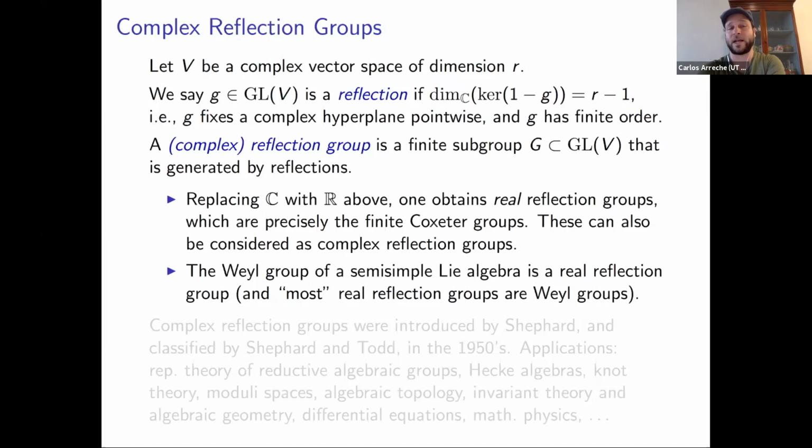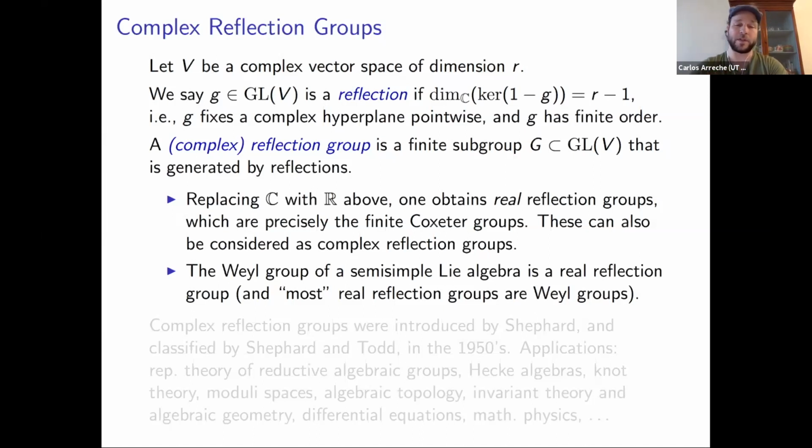And it's known that these happen to be exactly the finite Coxeter groups. And if I give you any one of these finite Coxeter groups, I can think of it as a complex reflection group by complexifying.